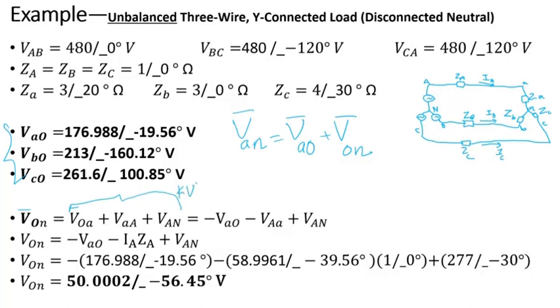So basically just KVL. VOA is the same as negative VAO, and V lowercase a uppercase A is the same as negative V uppercase A lowercase a. In other words, what I'm doing here, VOA is equal to negative VAO because I swapped these here. And the same thing for VAA.